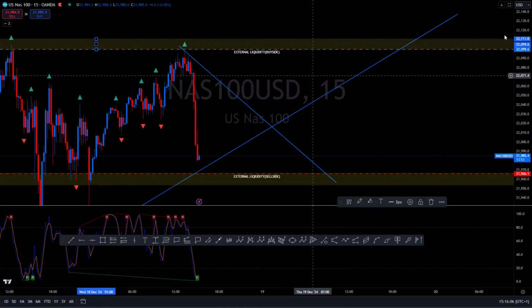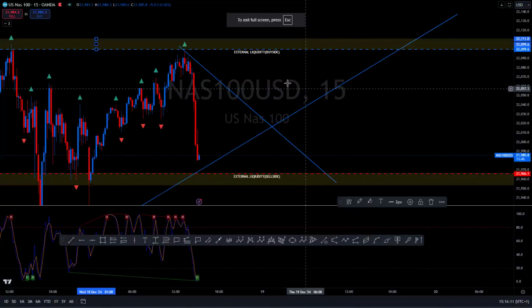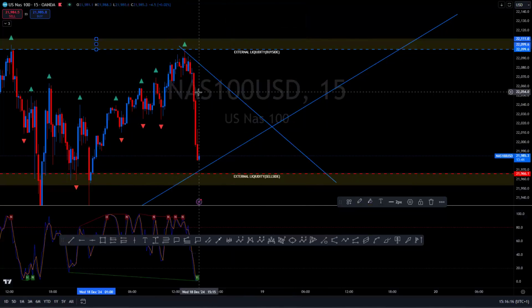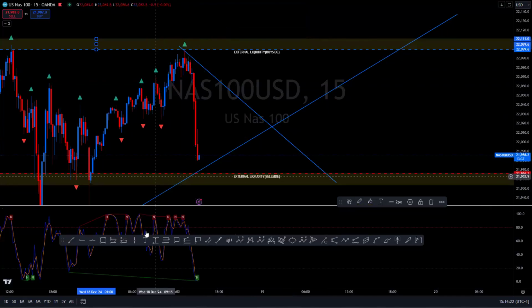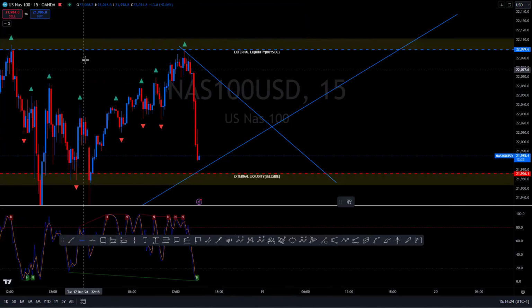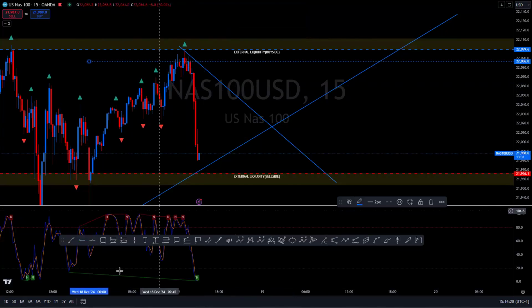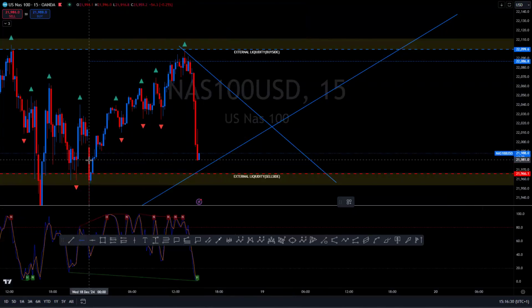So now what we're going to do is mark our internal liquidity by looking for the most recent swing low, swing high, and break of structure. So this is our most recent swing high here, right around this area. And this is our swing low right around this area currently.